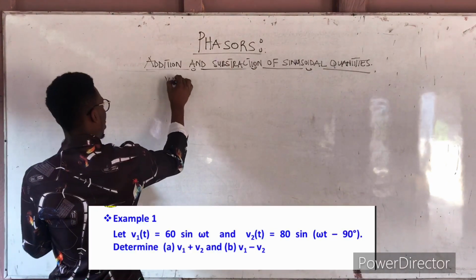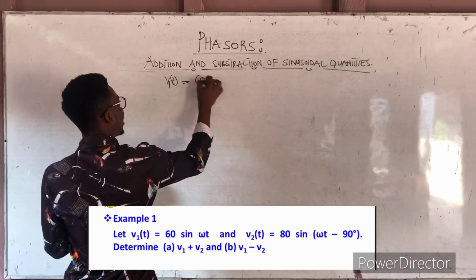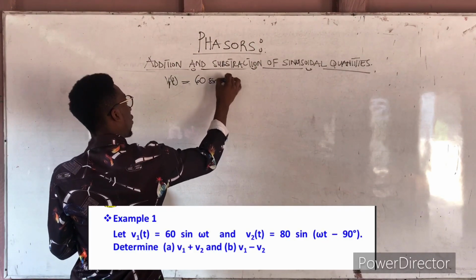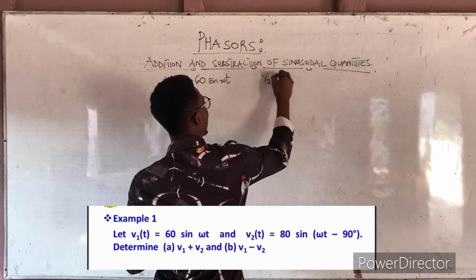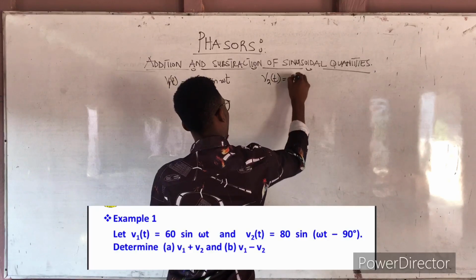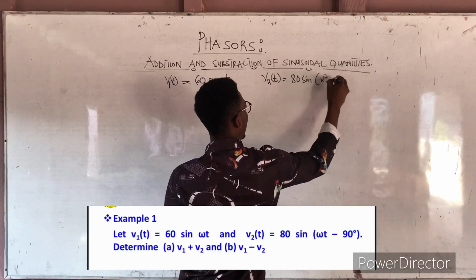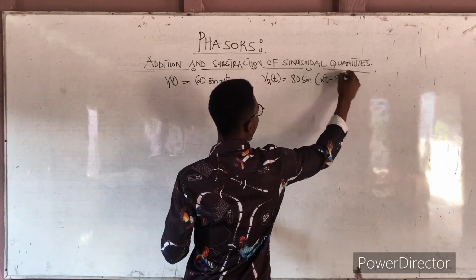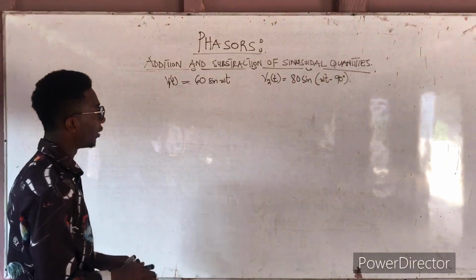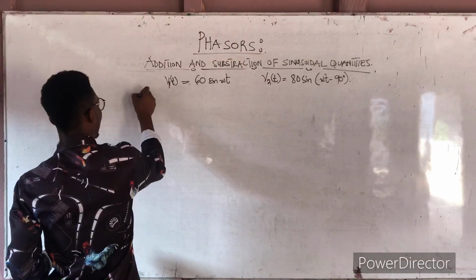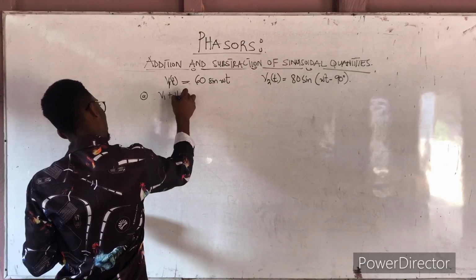The first, V1, is 60 sine omega t, and the second is 80 sine omega t minus 90. The omega is the angular frequency. The A aspect of the question says you should find V1 plus V2.